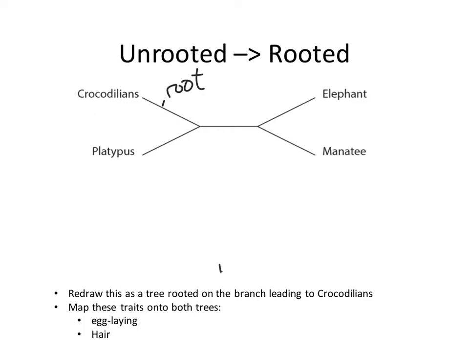So for example, if I was going to start this tree, I would have the root down here, and I would have the extant taxa at the top.